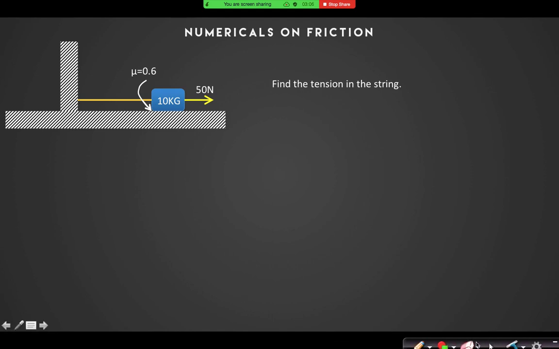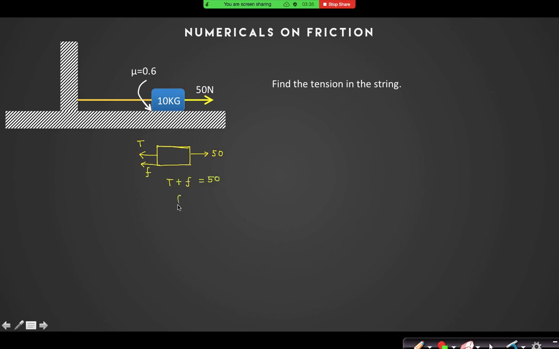Although, if you draw the free body diagram of this block, we can find a mathematical expression for the tension. This is the block, this is the 50 Newton force, this is the tension force, and here the friction force will act. So my equation becomes T plus F equals 50.